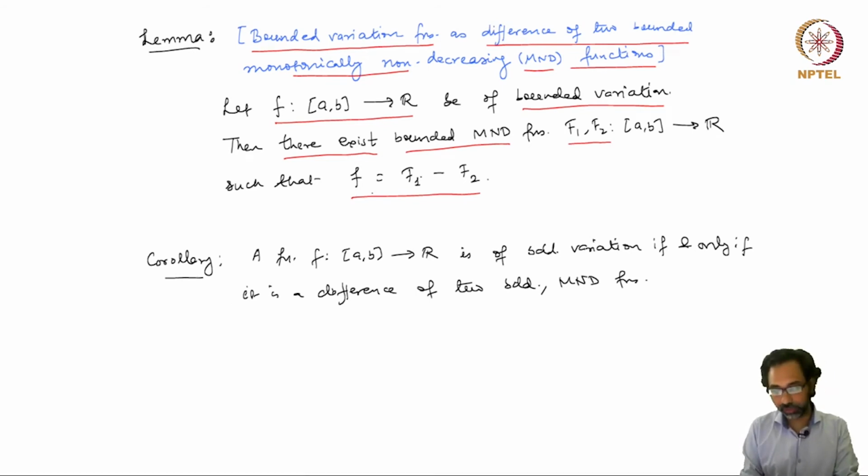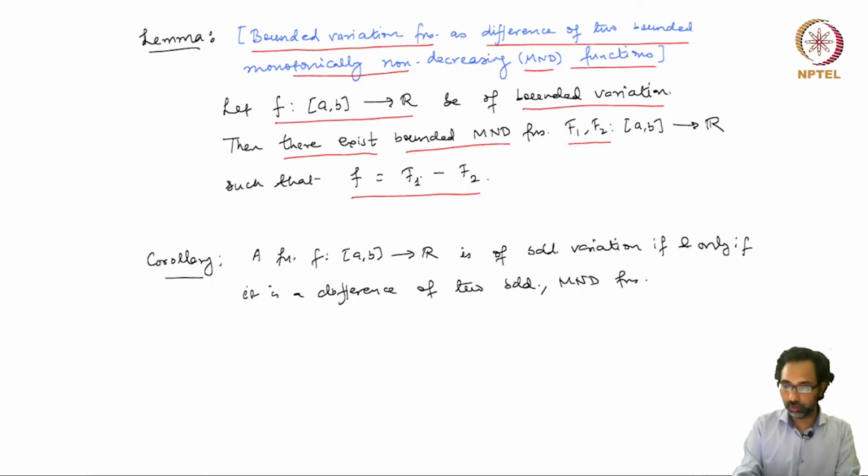So if f is a difference of two bounded monotonically non-decreasing functions f1 and f2, then both f1 and f2 are of bounded variation, and it's not very difficult to show using the usual triangle inequality that the sum of two bounded variation functions is again of bounded variation.